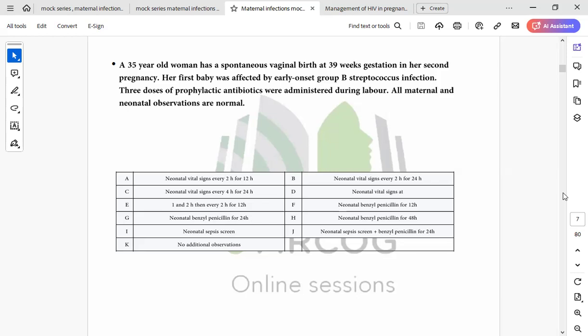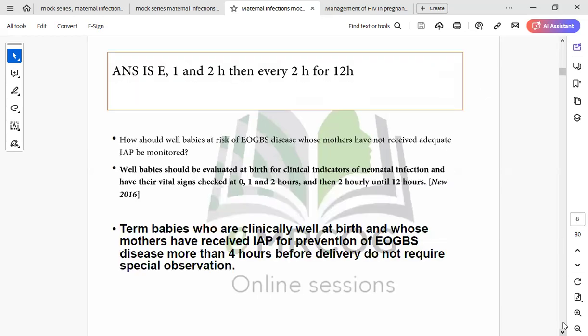Of course. But this woman took the prophylactic doses during labor. So this baby needs 0, 1 and 2 hours, then every 2 hours for 12 hours.